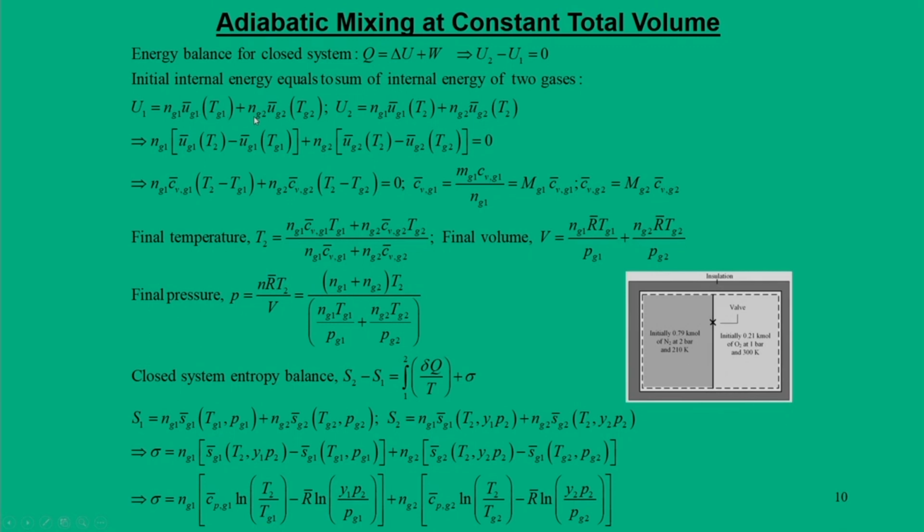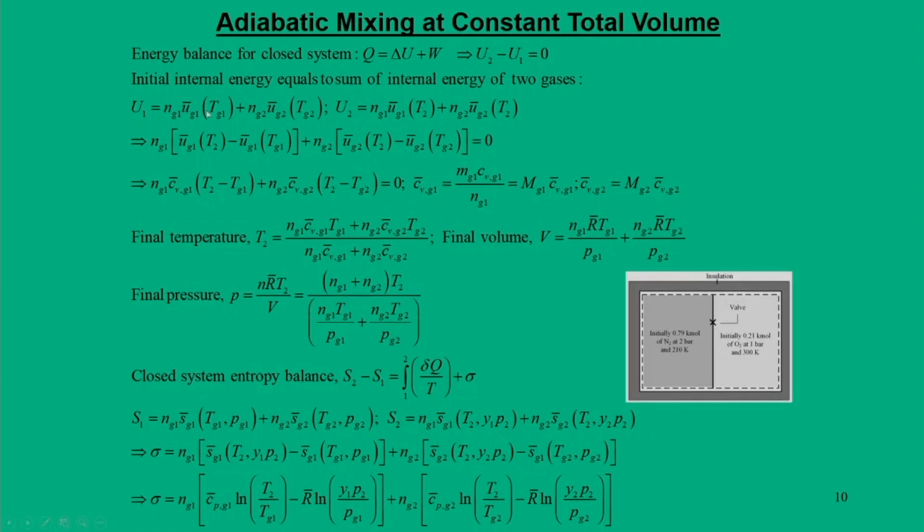In a similar way, the internal energy for gas 2 can be calculated from its number of moles and its molar specific internal energy at temperature Tg2. This way we calculate the total internal energy of the system, and similarly we can calculate the total internal energy after the change of state.